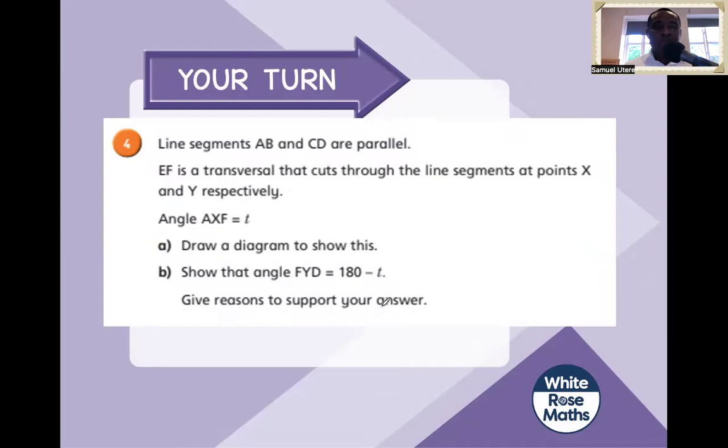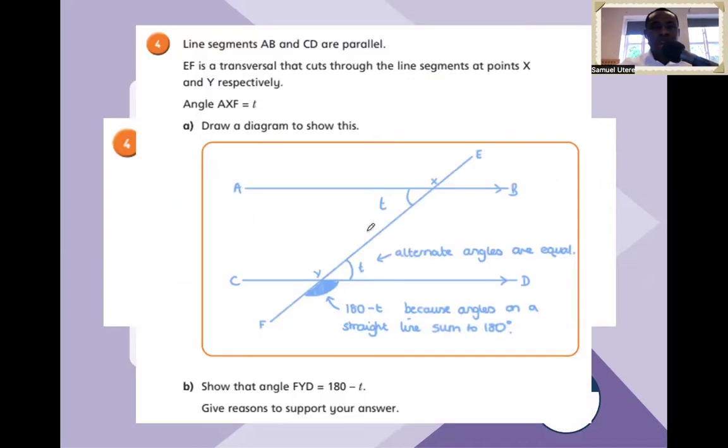Assuming you've paused the video and you've answered question 4, here are the answers. So for question 4a, this is what your diagram should look like. And you've been asked to show that angle FYD should be 180 minus L. Of course, you should know why, because you can see these two are resting on this straight line, which sum to 180 degrees.